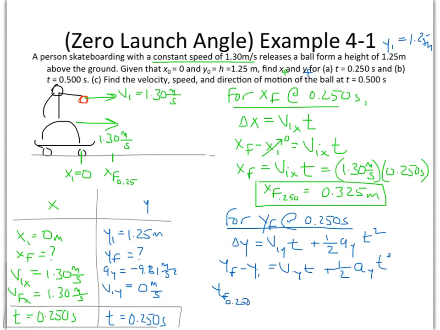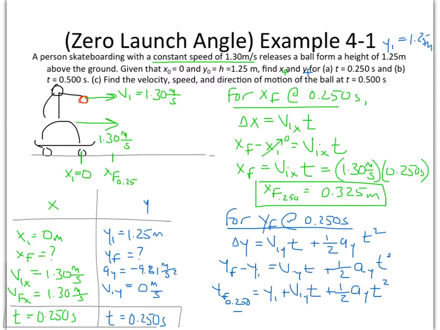0.250 seconds is going to be y initial plus initial velocity in the y direction times time plus 1/2 acceleration in the y direction, which of course we all know, that's gravity, times time squared.